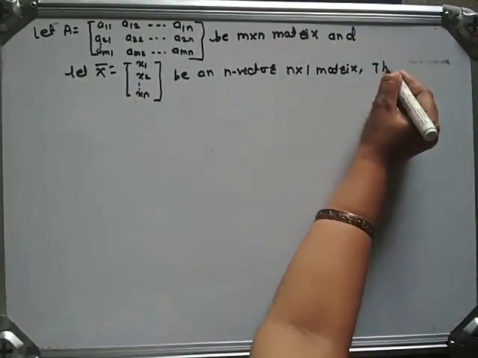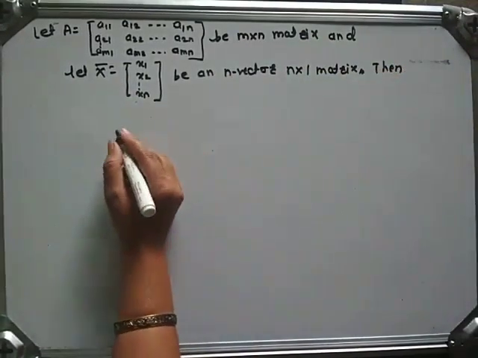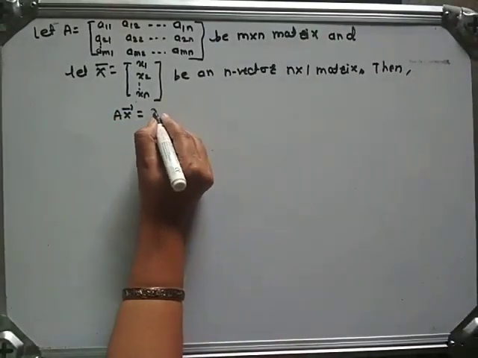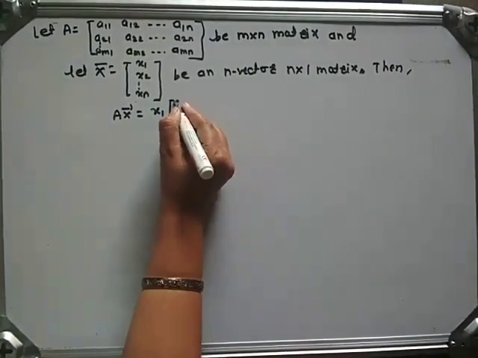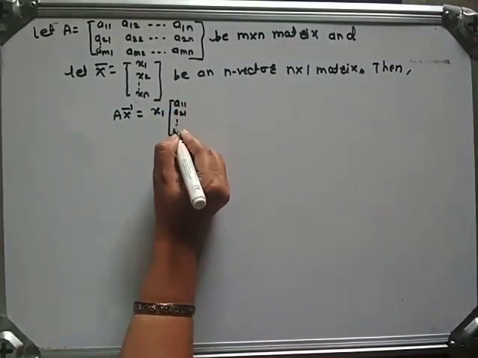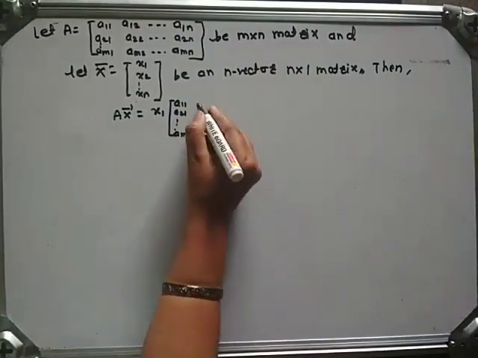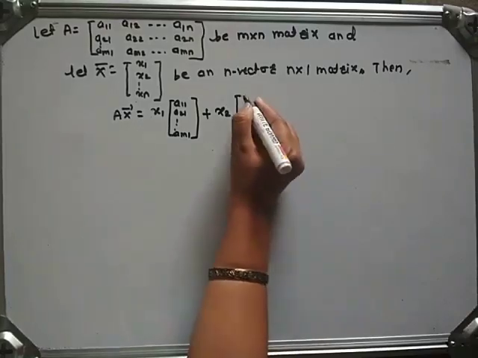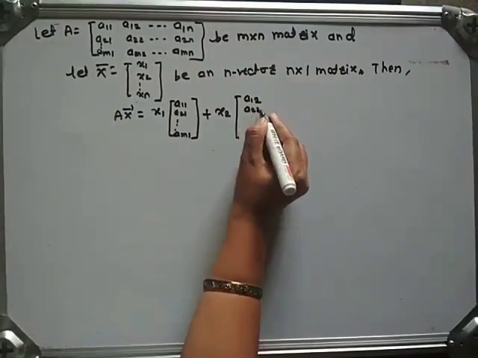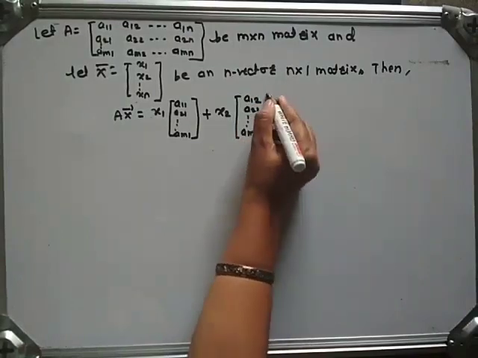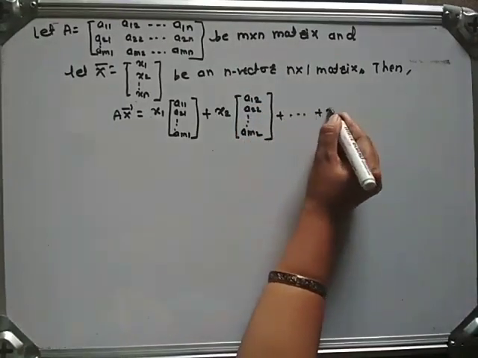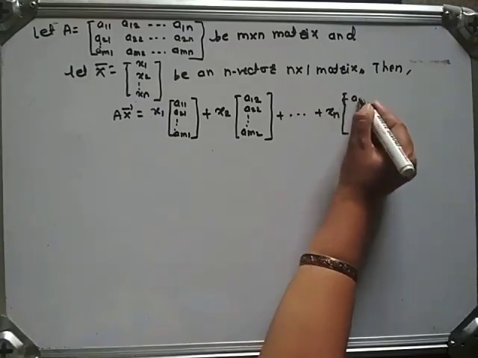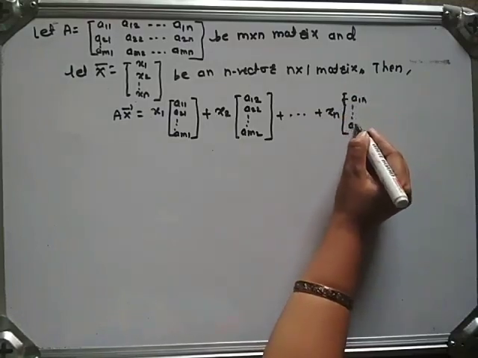Then A into x bar is equal to x1 into A11, A21 and so on up to AM1 plus x2 into A12, A22 and so on up to AM2 plus and so on plus xn into A1n and so on up to AMN.